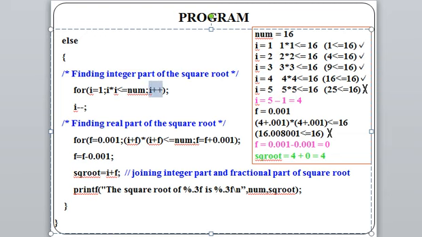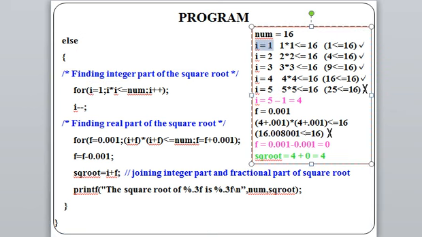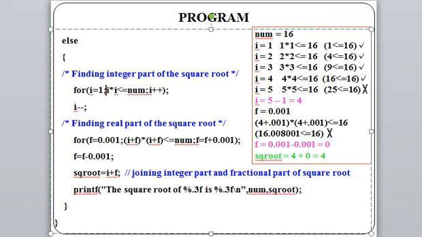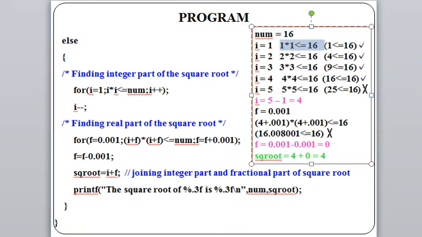Initially it will execute the initialization part of this for loop only once. That is, here it is i equal to 1. Now next it will execute this statement. When it executes this statement, i is 1, and 1 multiplied by itself is 1 into 1 is 1.